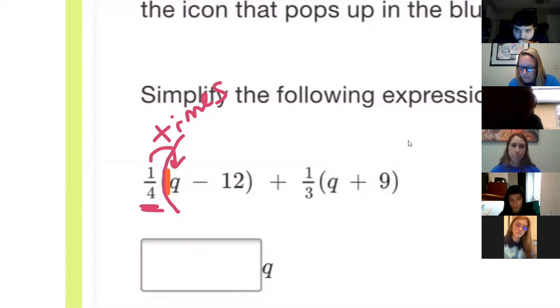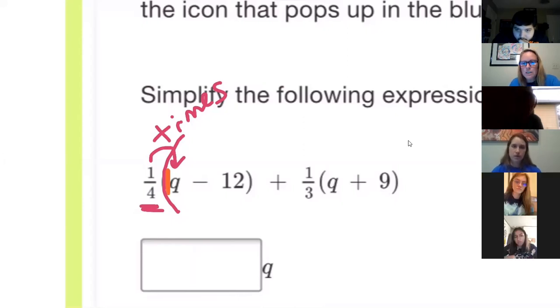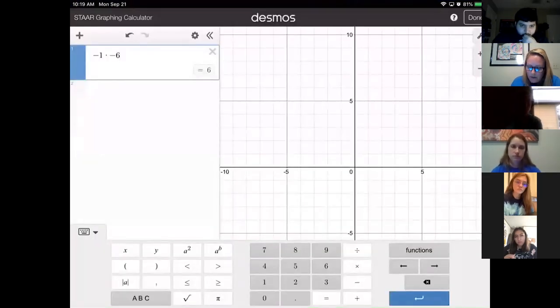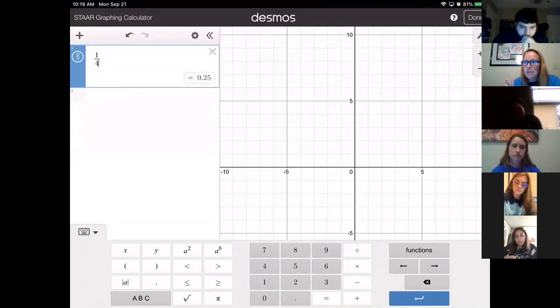All right, so anything times 1 is just itself, but if you don't believe me, we can go to Desmos and we can type in 1/4. To type in 1/4, that division is how we get the fraction bar. 1/4, and then go out to the side times 1, okay?